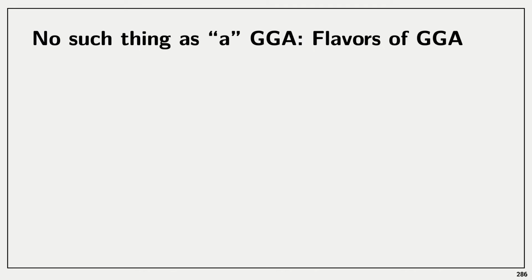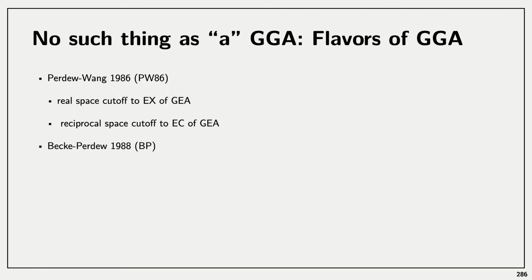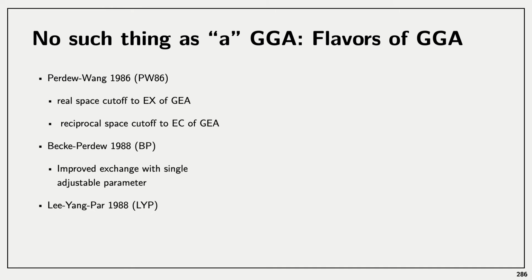So there is no such thing as a single GGA; there are different types of GGA. I'm just giving a list here that's far from exhaustive, just to give you an idea. There was the Perdew one, for example, PW86, with different properties. There were Becke and Perdew in the late 80s as well. LYP, which I already discussed, focuses on the correlation.